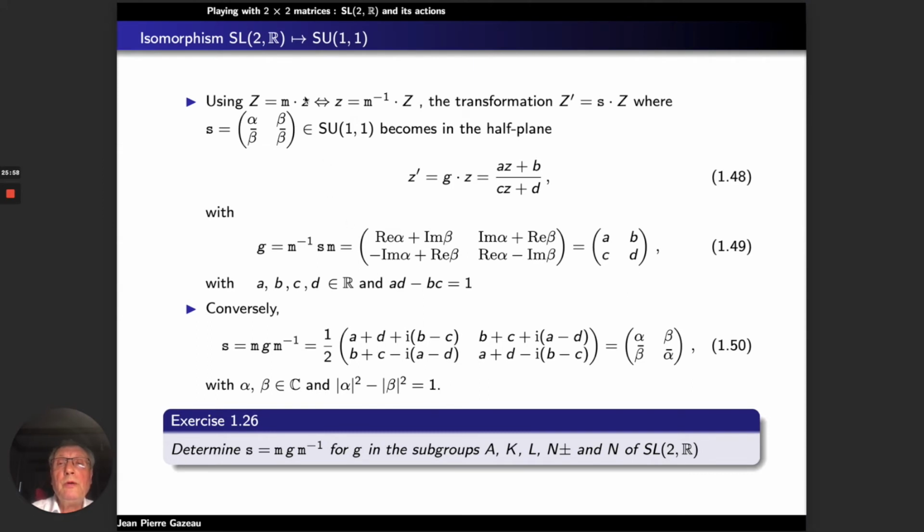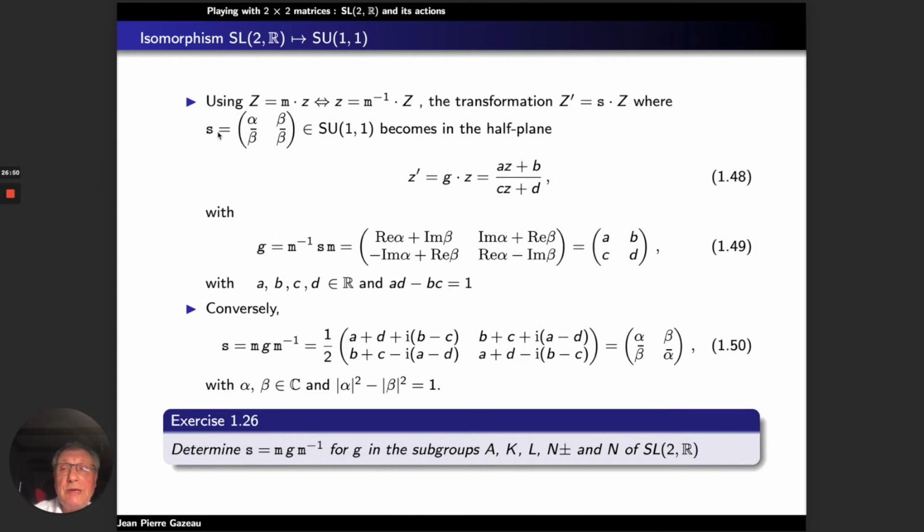So, using the canonical Cayley transform, which brings an element of the half plane onto an element of the unit disk, the homographic action of SU(1,1) on the unit disk becomes in the half plane the homographic action of SL2R, okay, and where G is calculated in the following way.